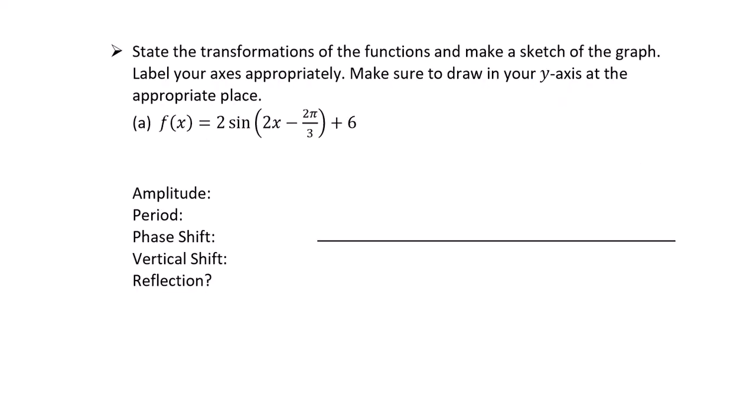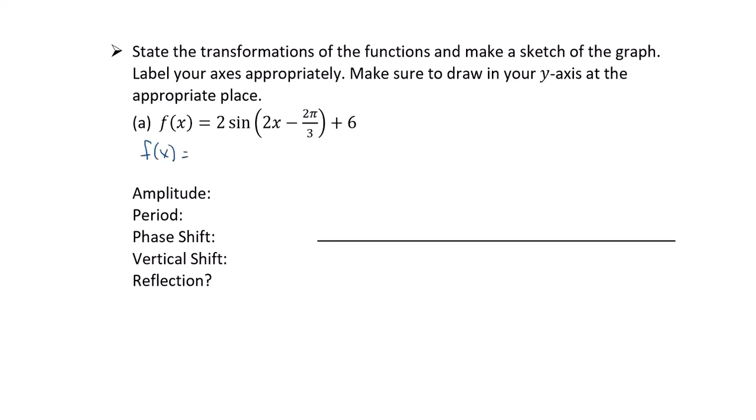State the transformations of the functions and make a sketch of the graph. Label your axes appropriately and make sure to draw in your y-axis at the appropriate place. First, we want to rewrite the function.